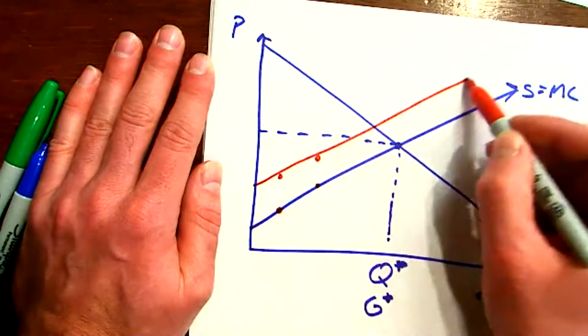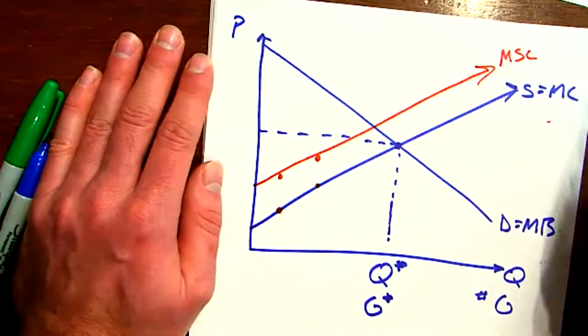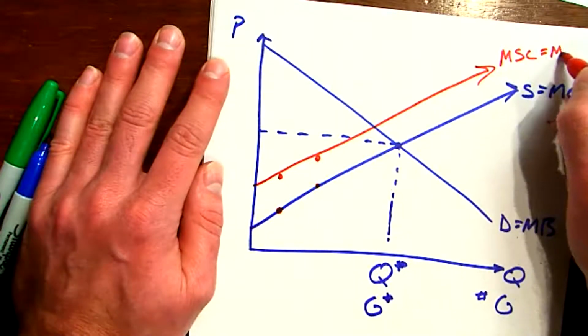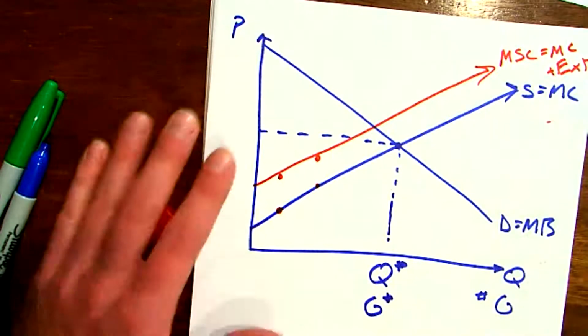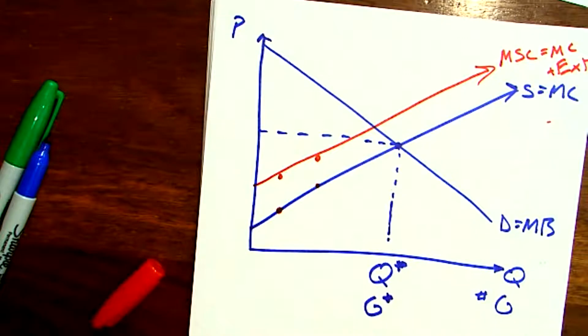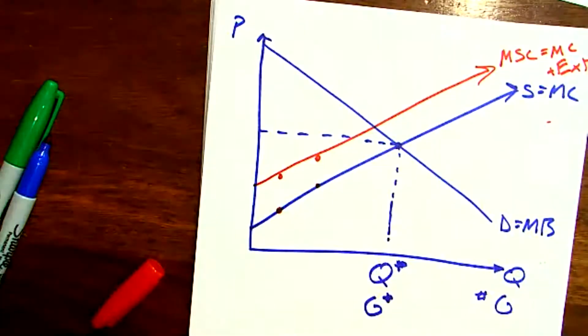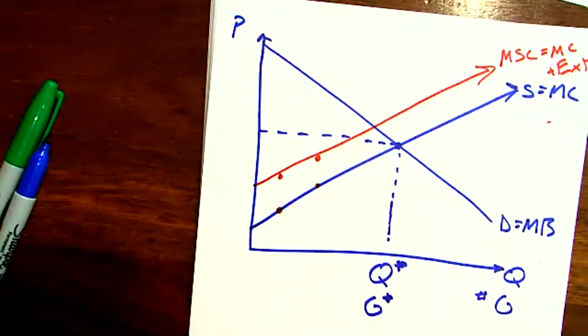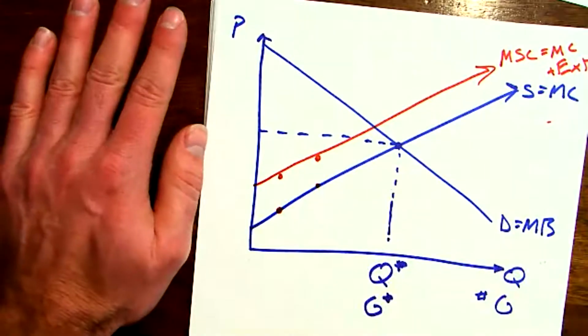So we end up with this marginal social cost curve, which is really the marginal cost plus the externality. Or we can think about this very similar to taxes, right? Taxes are an additional cost. Externalities are an additional cost, so it shifts that supply curve to the left, or decreases my supply there.